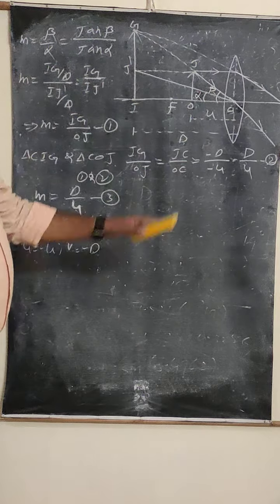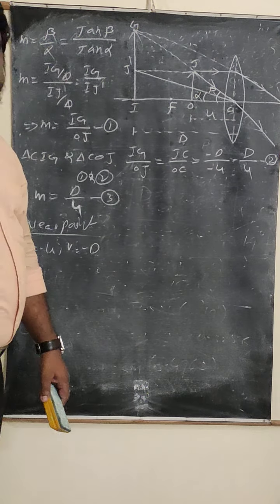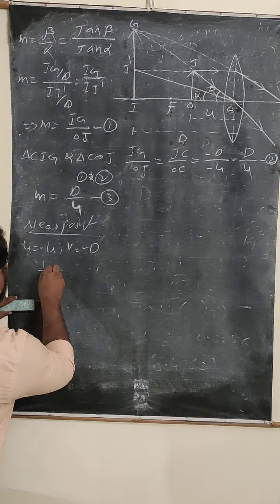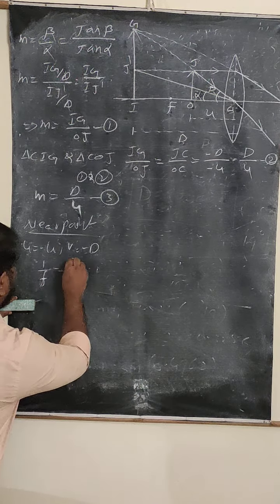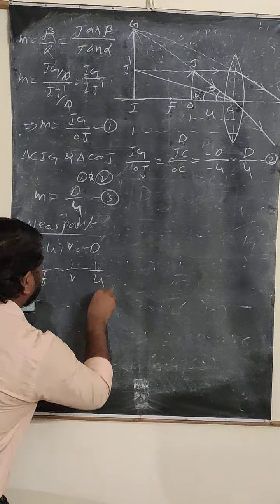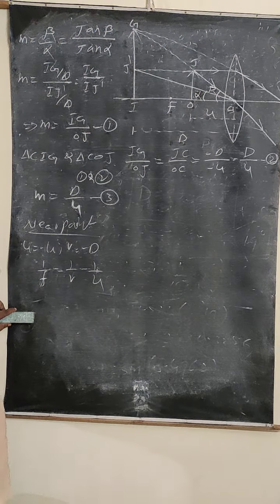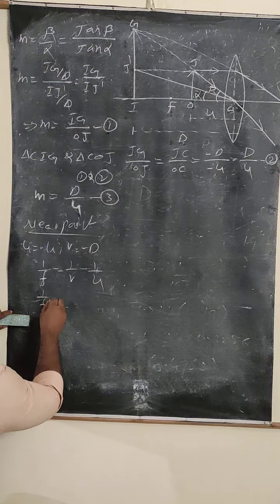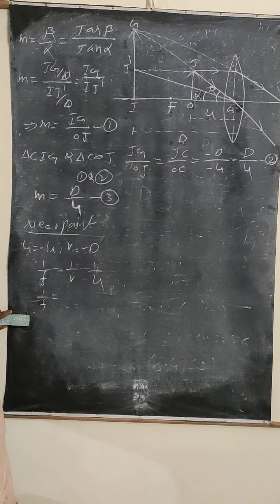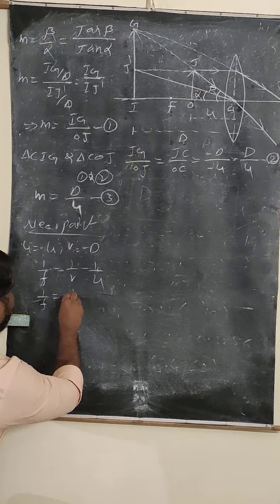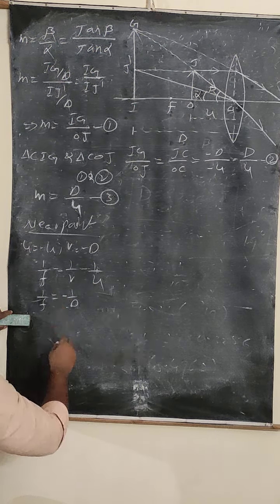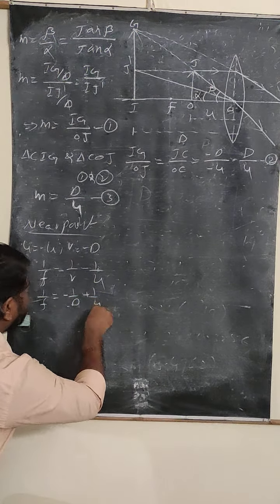Now I am going to take the lens formula. 1 by f is equal to 1 by v minus 1 by u. Go on, substitute the values here. 1 by f can be written as 1 by f only. That is equal to 1 by v, which is minus 1 by d. Next, u is minus u. Minus into minus becomes plus 1 by u.